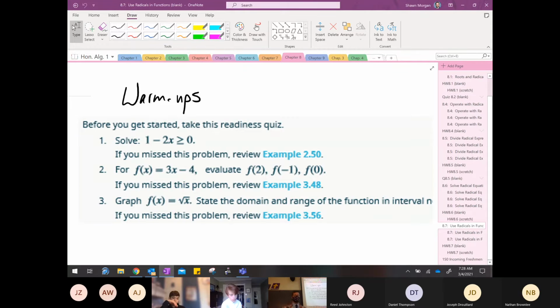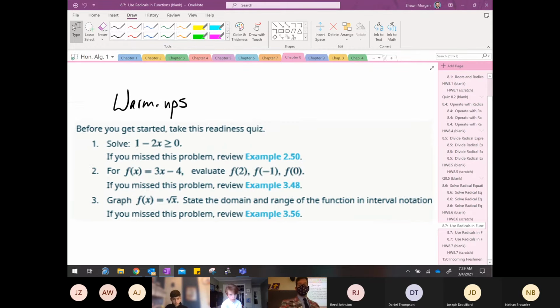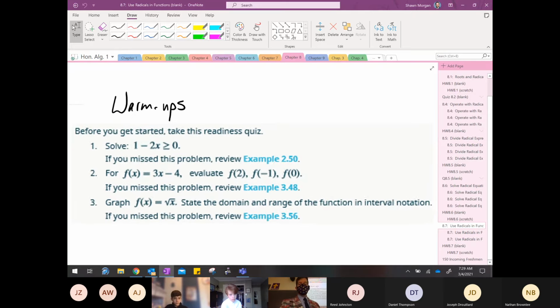And then the second 2 deal with this idea of, again, functions. And especially number 3, you might have to go back in your notes and consider what interval notation is. I'll highlight that for you because that's a phrase that I used a long time ago. You probably hadn't seen it or thought about it in a while, perhaps. So we'll revisit that notion. Interval notation.